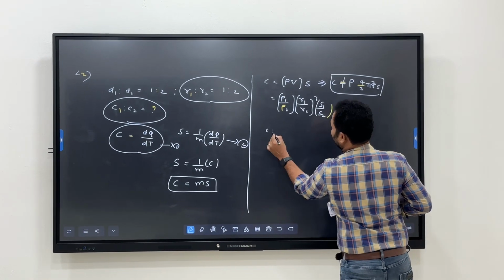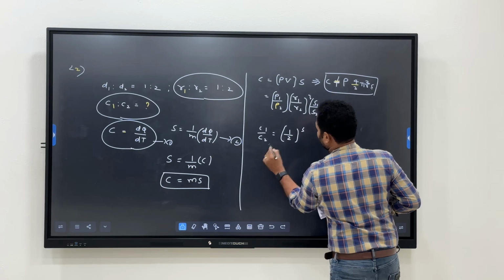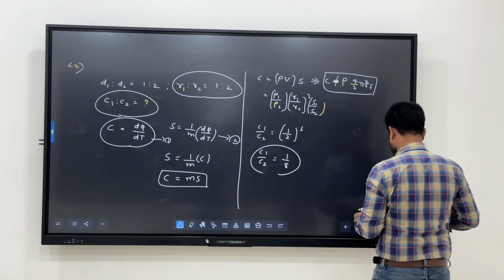So C1 by C2 is equal to R1 by R2 whole cube. So C1 by C2 is equal to 1:8.